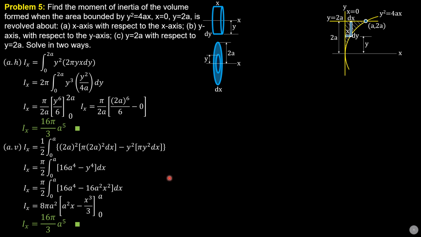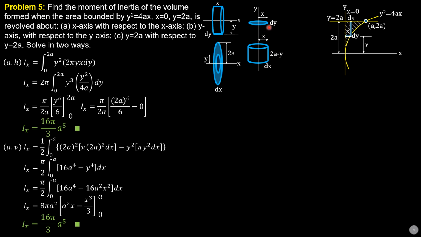Then for part B, we revolve about the y-axis. With respect to the y-axis, for the horizontal strip, it is a disc without a hole. And for the vertical strip, it is a cylindrical shell again. Those are the figures. This is the axis of rotation, y.